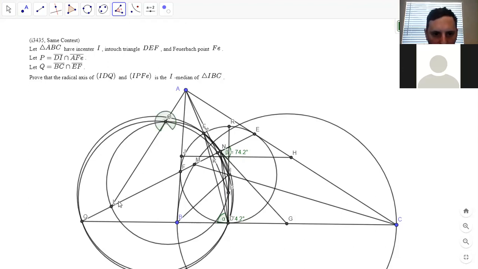Maybe we could show POL is 74 degrees. So FENL is 180 minus FEOL.